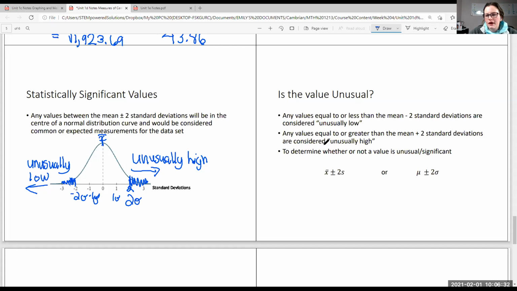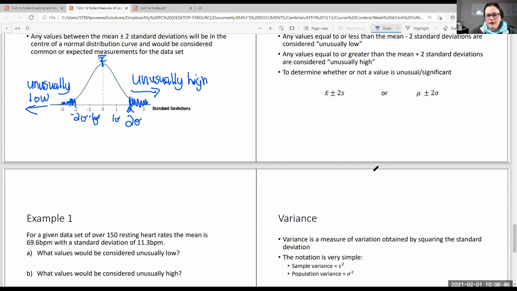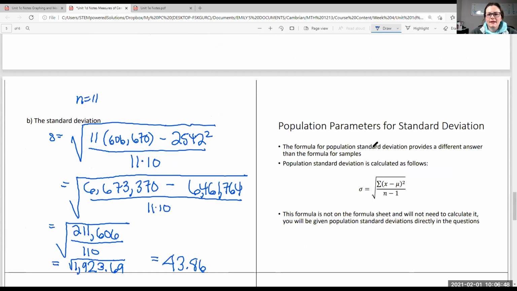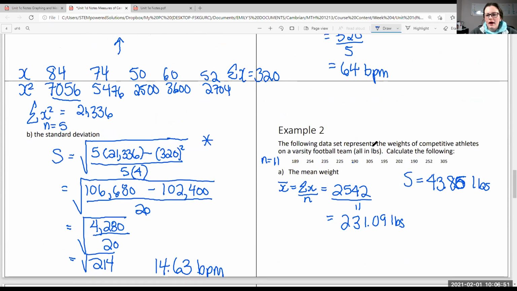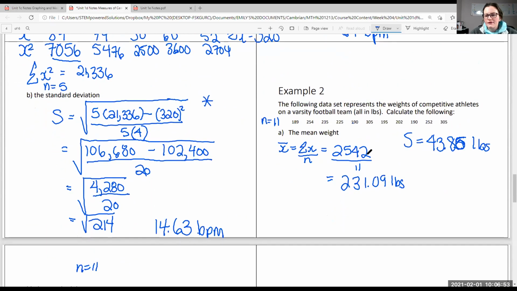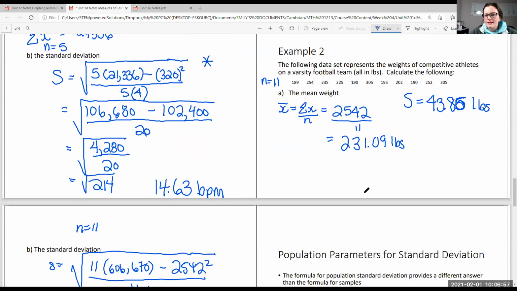To determine whether or not a value is unusual or significant, we're going to say X bar plus or minus 2 standard deviations. Okay, so if I go back and I say a player on this football team weighed 300 pounds, is this statistically significant?